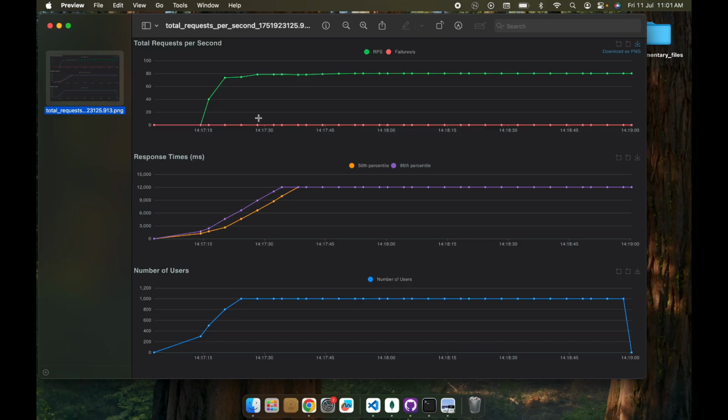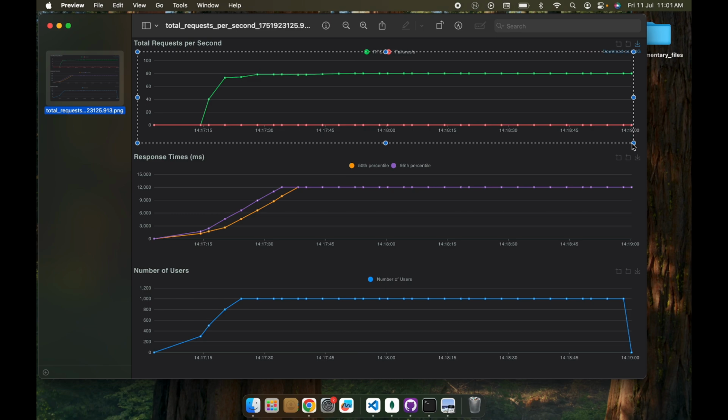In this, we saw something not so great. The requests per second reached 80, which isn't great. It's a drastic reduction from the previous test where we were getting 2,200.